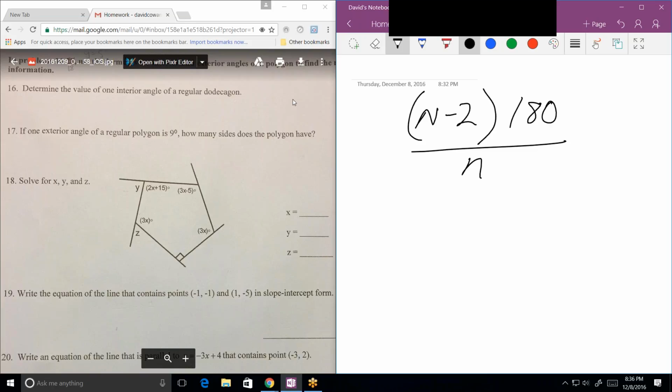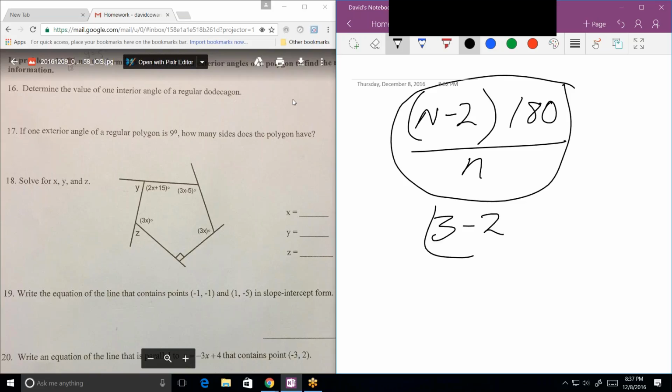In other words, this is the general formula for any shape. This works for a triangle too. If I took 3 minus 2 times 180 divided by 3, I would get 60, and that is the measurement of one angle of an equilateral triangle.